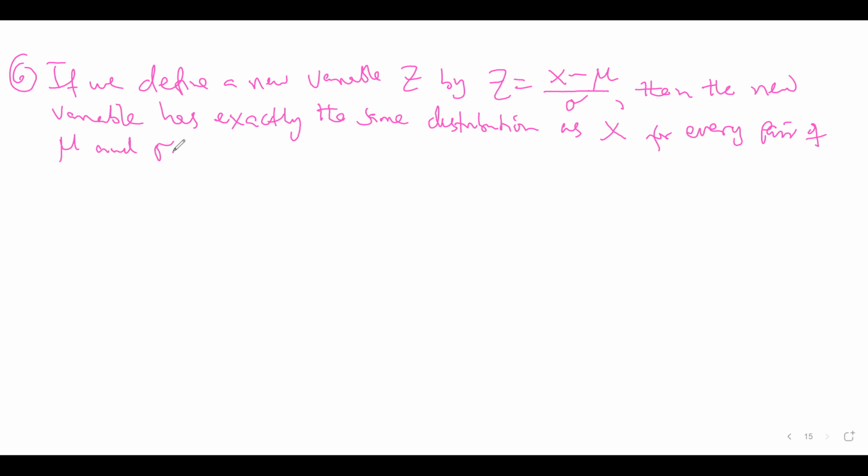For every pair of mean and sigma, this variable has this simple formula here.